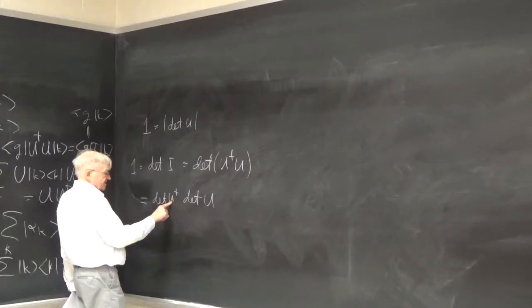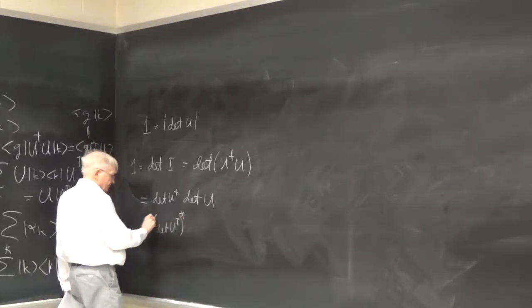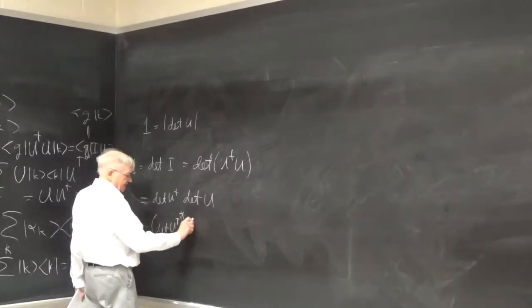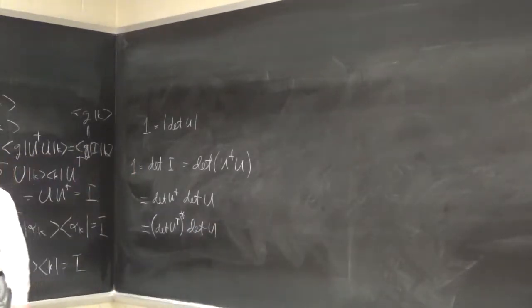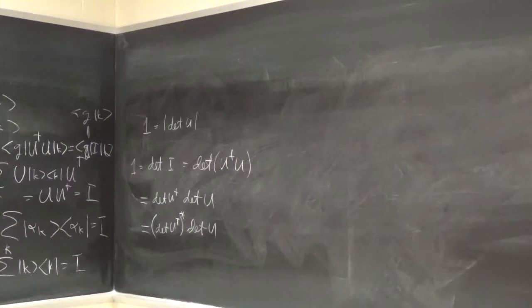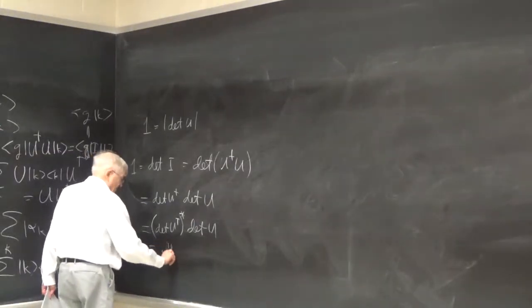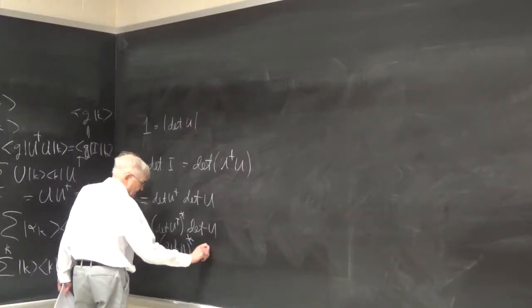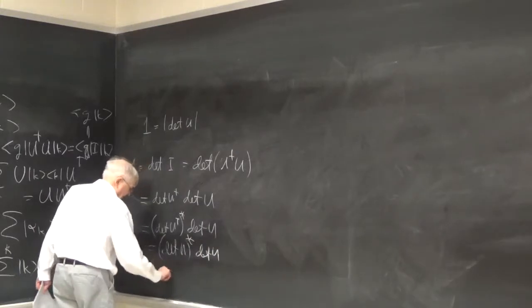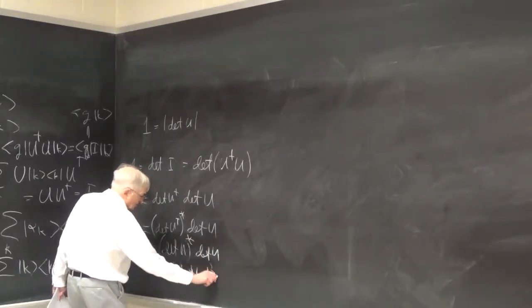This thing is the complex conjugate of the determinant of U transpose times determinant of U. The determinant of the transpose of a matrix is the same thing as the determinant of the matrix. And so this is the determinant of U, complex conjugate, times the determinant of U. And that, of course, is the absolute value of the determinant of U squared.